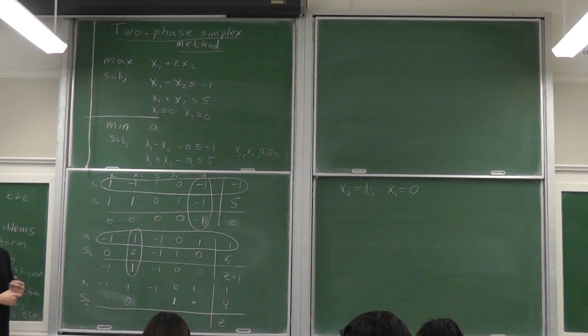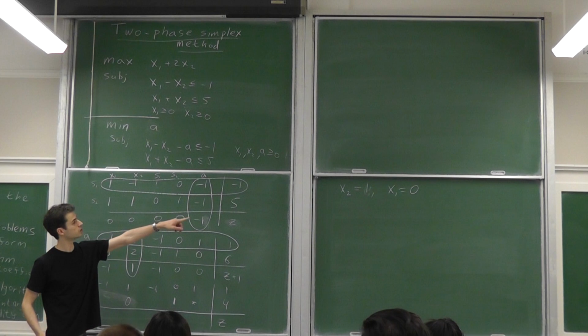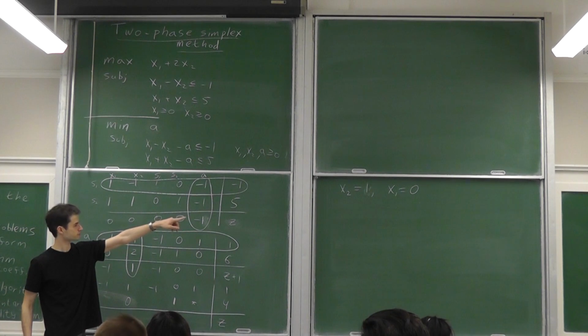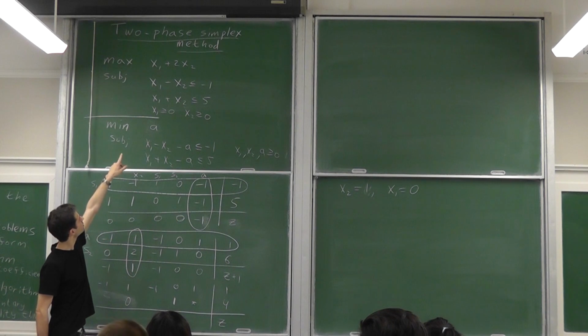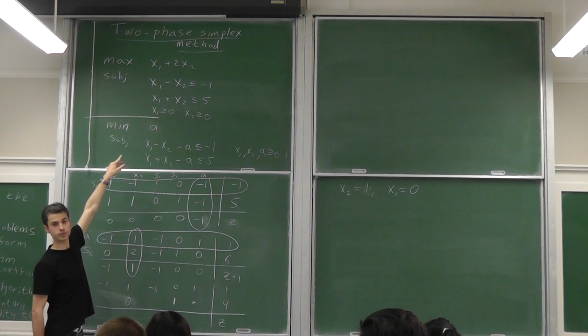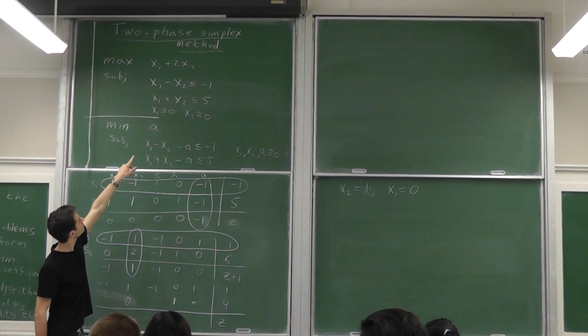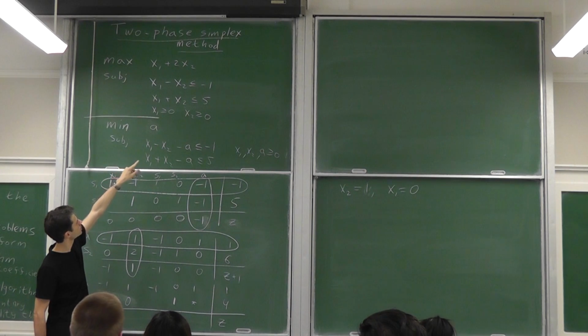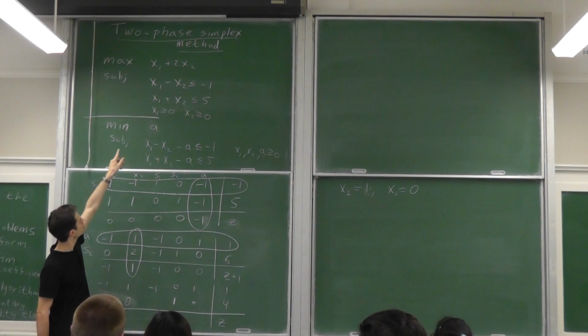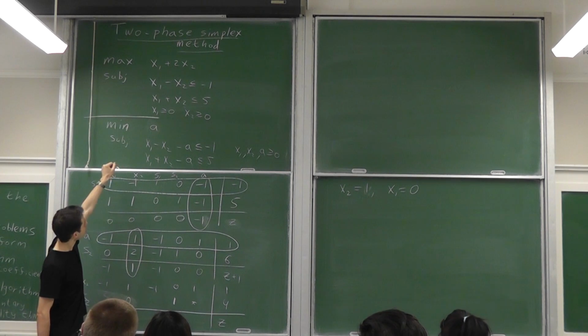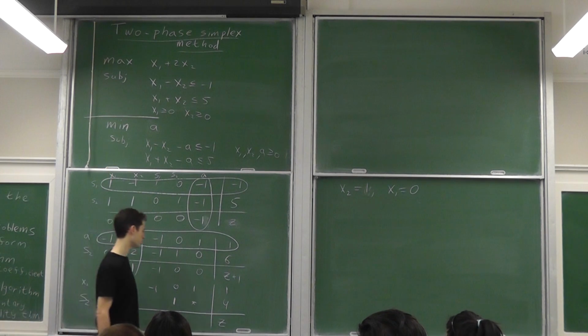Let's see whether we got it right. So the next step would be plug it into the original problem and see whether we got it right. So 0 minus 1 is minus 1, 0 plus 1 is smaller than 5. Well, okay, yes. So it is feasible solution.